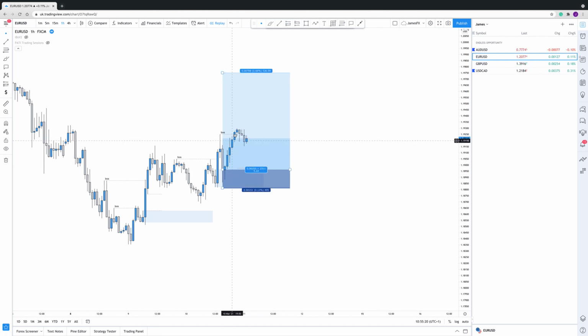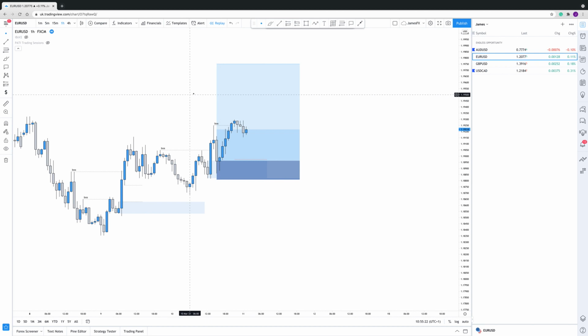Now, as we have broken structure, would I be looking at this down move as an order block? Well, if we look at it, it would be a very large sort of order block. We can then refine it down to this candle. And for me in this example, I would use this candle, as these candles do show a bit of momentum.